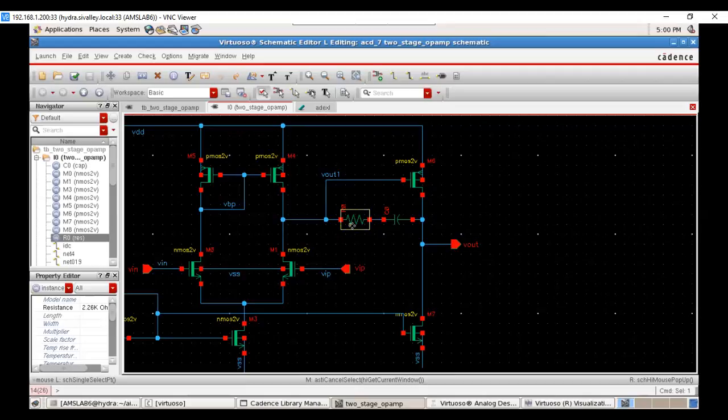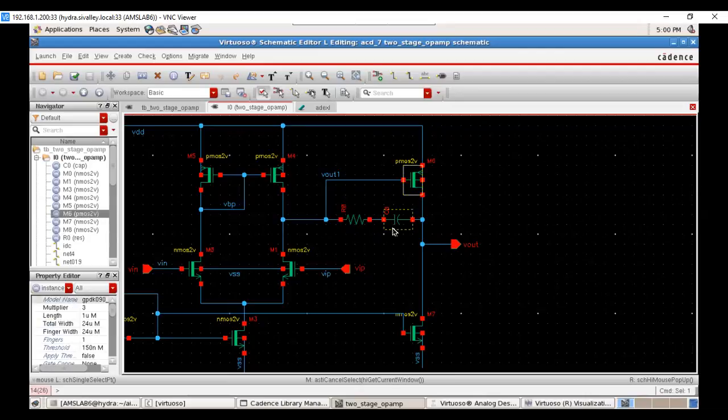Let's say this resistor is not there and we have not yet placed the pole. This will be a short at one frequency, and at that point it is just a diode. What's the impedance of the diode? It's just 1 by gm of this.